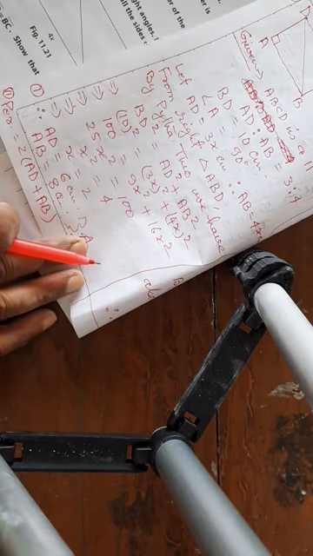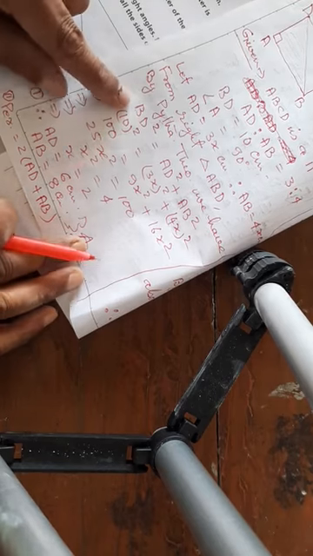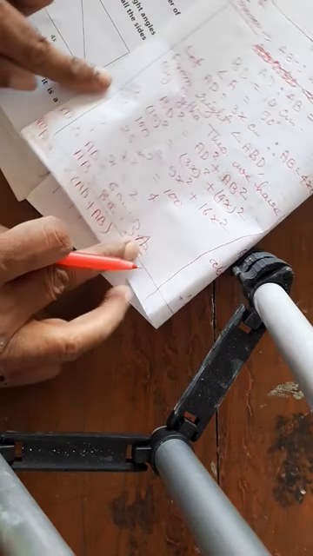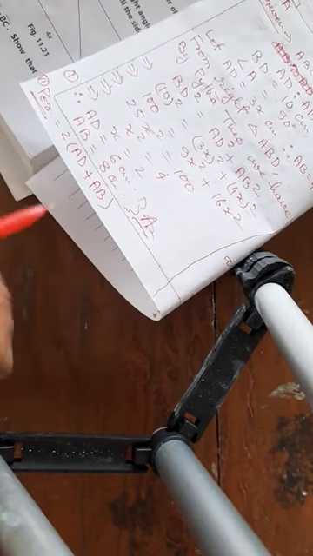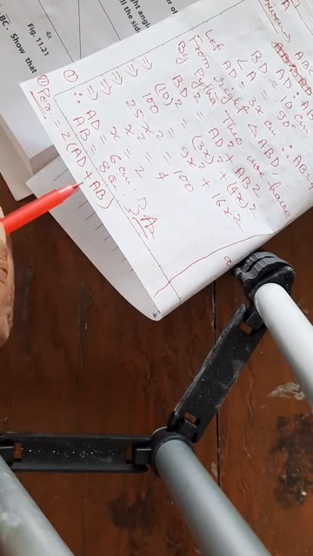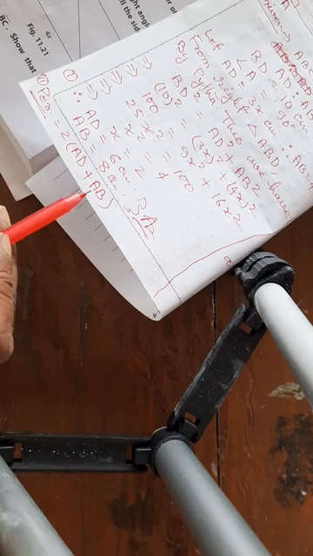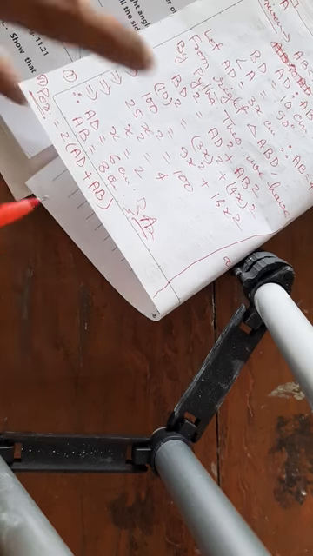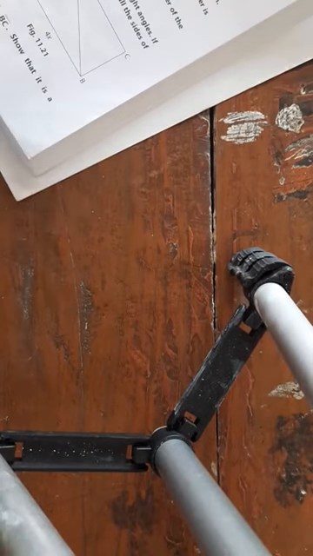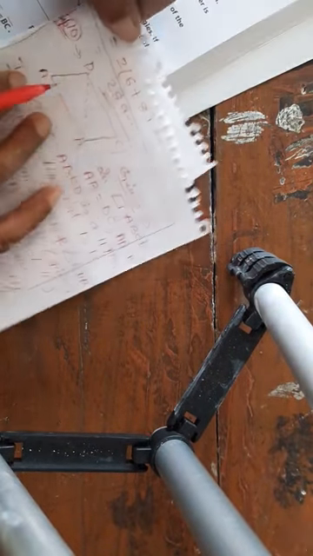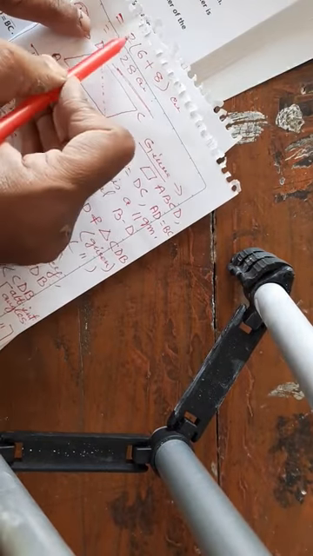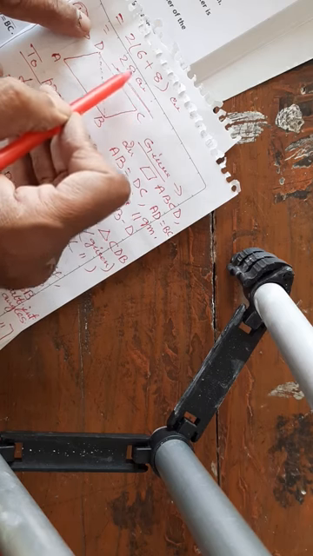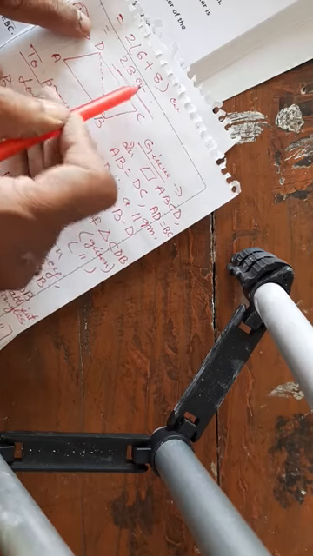Now, second, the perimeter of the parallelogram is equal to 2 into the sum of adjacent sides, 2 into AD plus AB. Putting values, AD 6, AB 8, the perimeter is equal to 2 into 6 plus 8, that is 28 centimeter. Second, perimeter of the parallelogram is 28 centimeter.